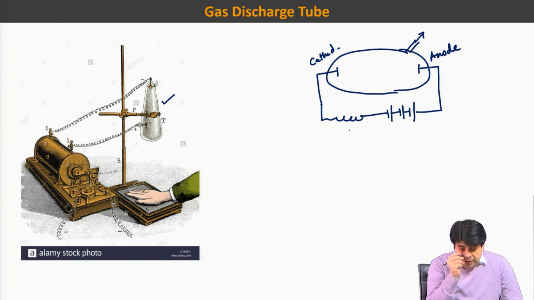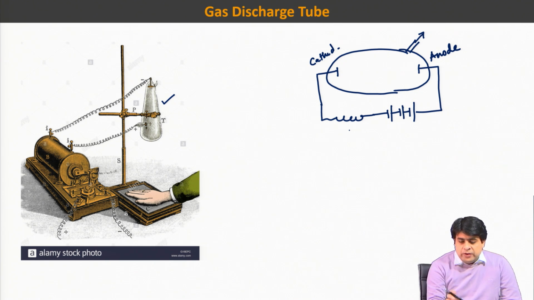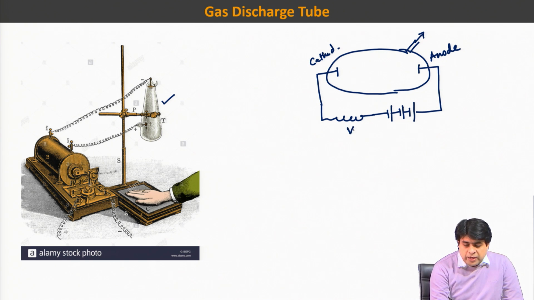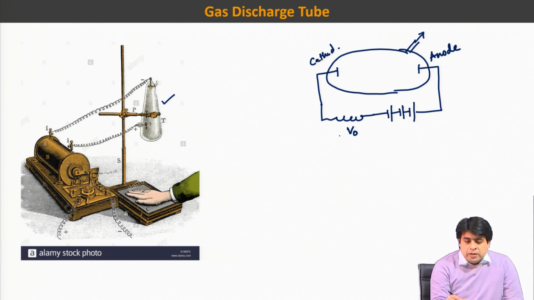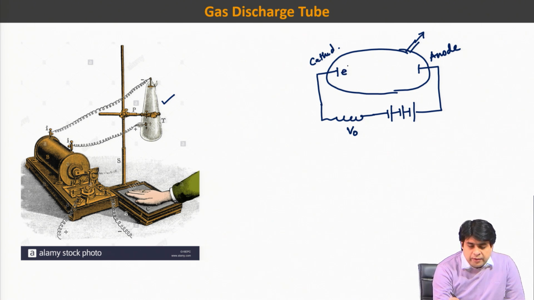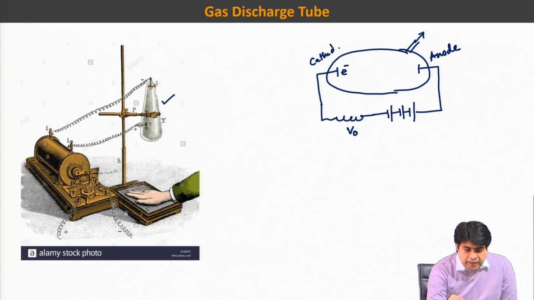When he did his experiment at very low pressure, he connected this supply with a series of batteries and an inductor. There was a potential difference, that is V0, and this V0 produces electrons at the cathode plate.